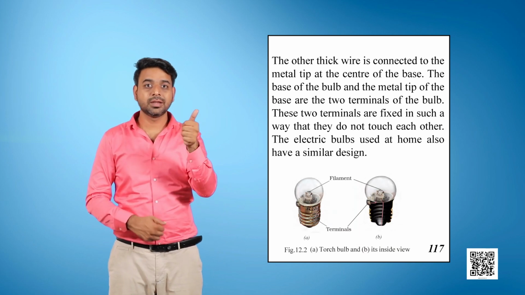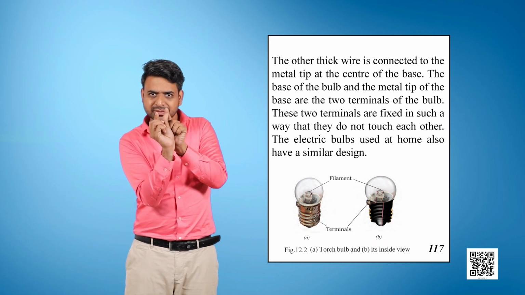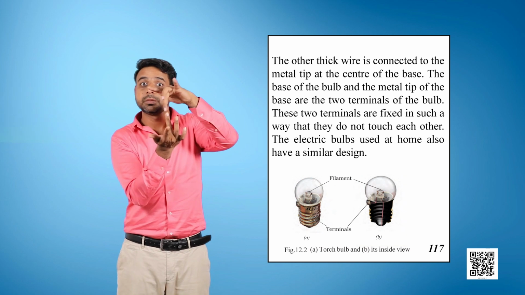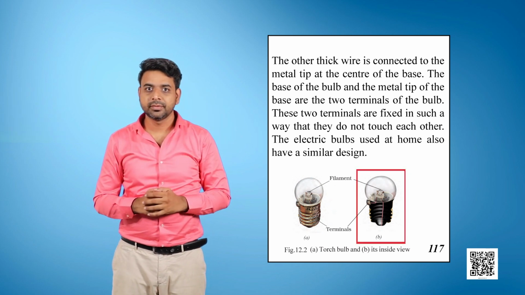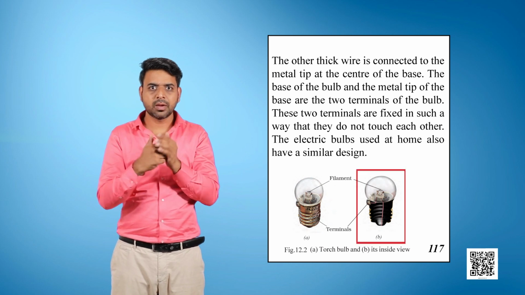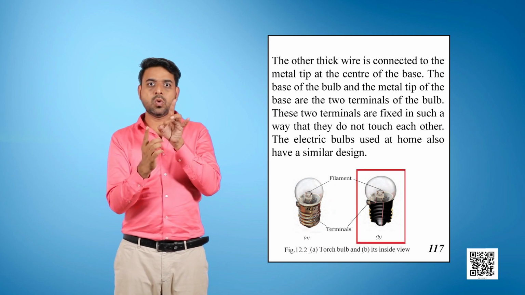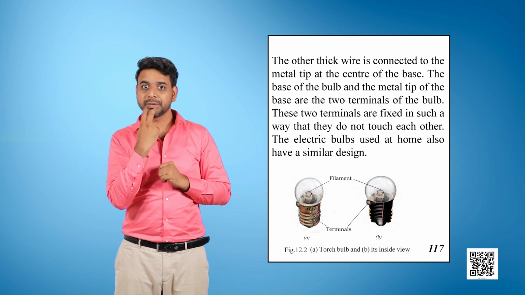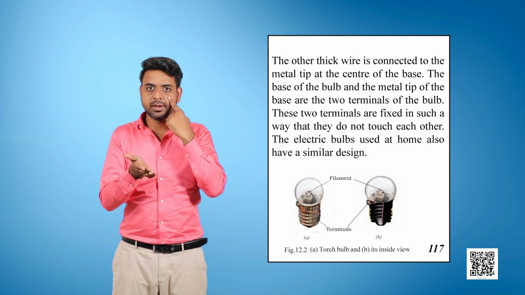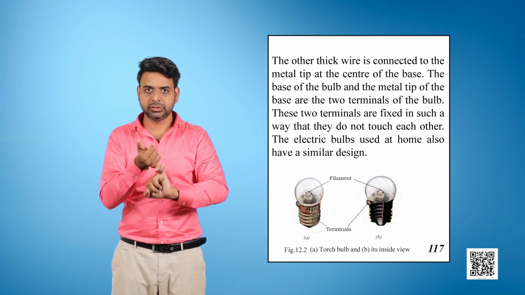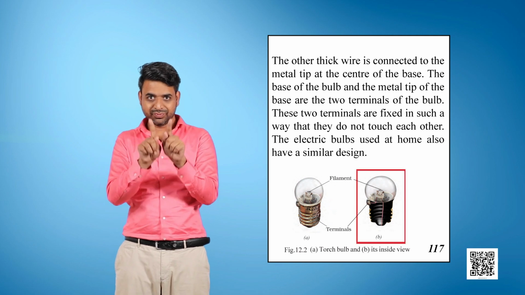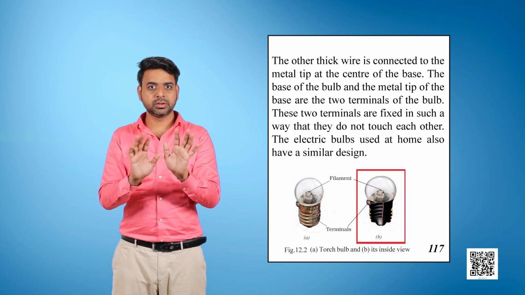The other thick wire is connected to the metal tip at the center of the base. The base of the bulb and the metal tip of the base are the two terminals of the bulb. These two terminals are fixed in such a way that they do not touch each other.